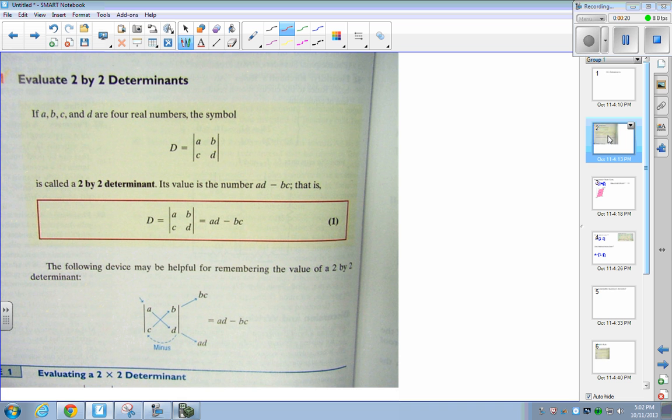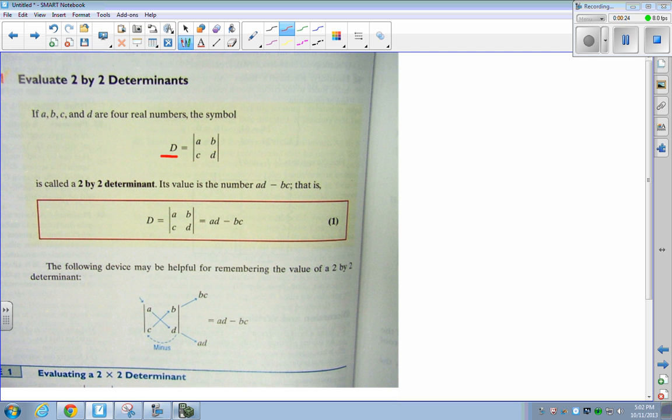Now we can represent taking the determinant of a matrix by its letter D, or something that looks like a matrix but instead of having brackets it has straight lines.